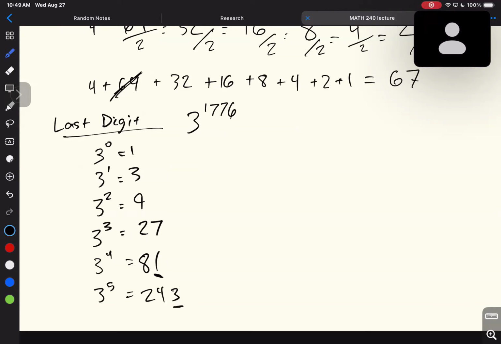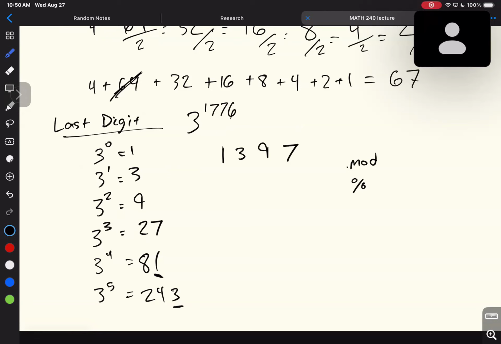And so if we keep going, we see that this cycle repeats in a pattern of 4, where we have 1, 3, 9, 7. And so we'll talk a little bit about the mod function. If you've taken some programming classes, you probably recognize the percent operator, the modulus operator.